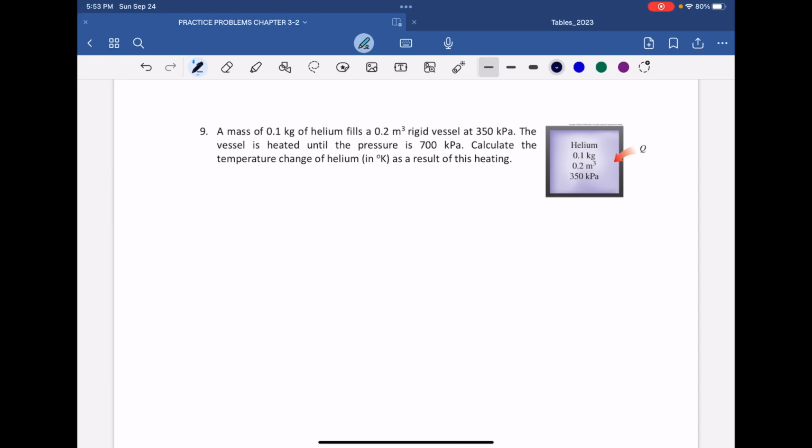So in the first state, we know the pressure, the volume, and the mass, and we should be able to calculate the temperature because P1 V1 is equal to M R T1. T1 is therefore P1 V1 over MR. And we can figure this out from table A1 for helium.